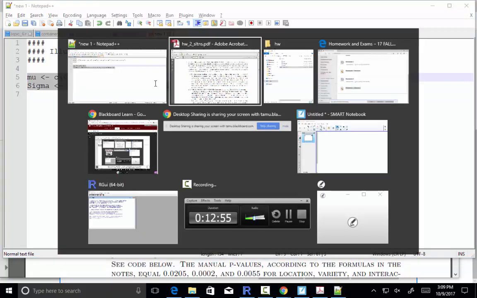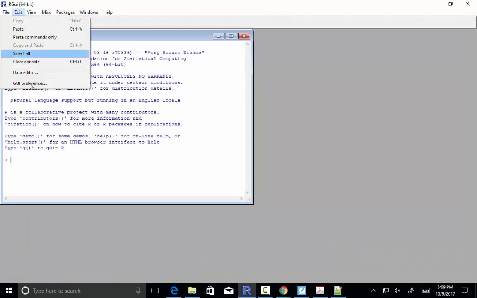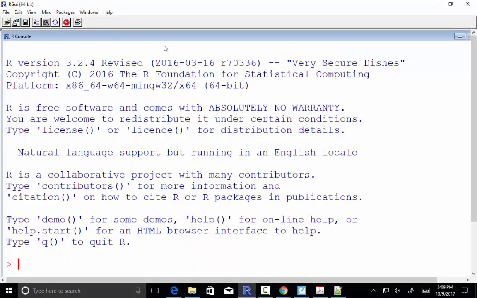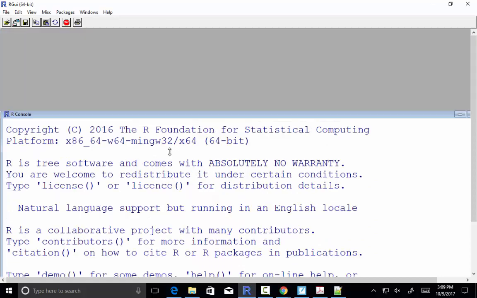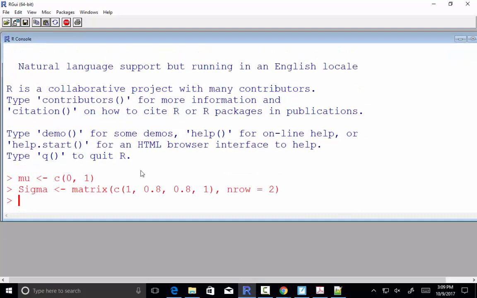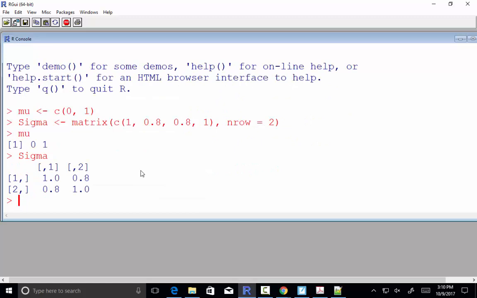So let me show you what we have so far. Mean vector, covariance matrix.